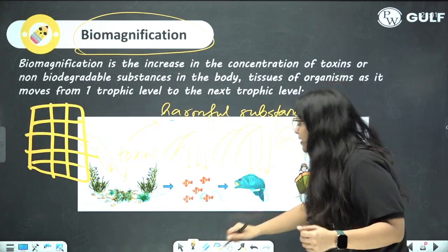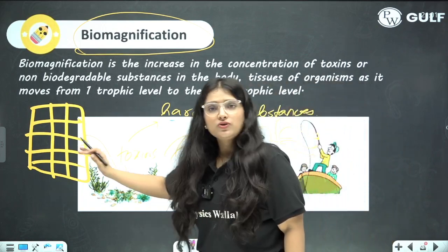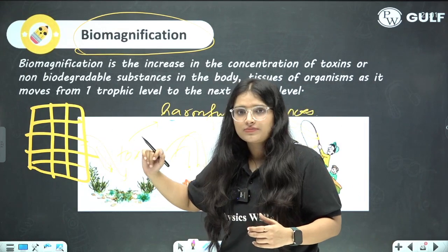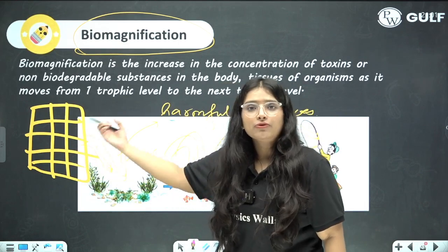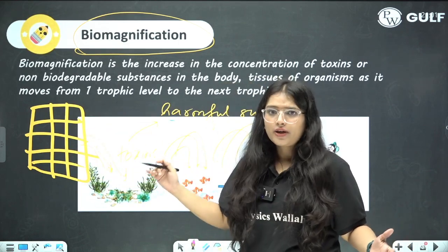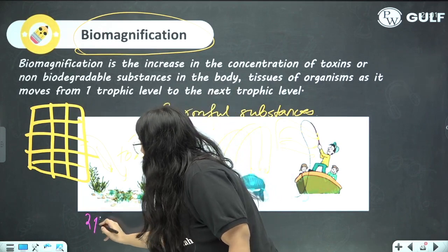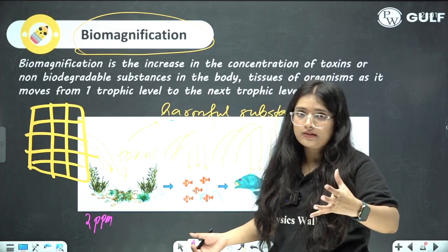Okay, now think about it. The zooplanktons fed on phytoplanktons, and they were contaminated because of the contaminated water that came out from the industry and many other things. Suppose the phytoplankton have 2 ppm of the toxin materials.